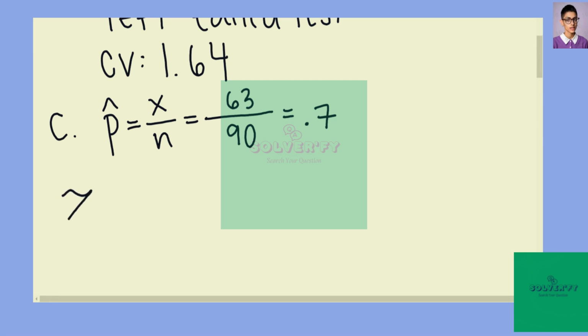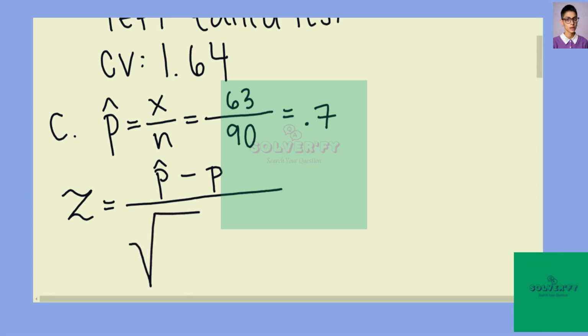So now we need to find our z value. Z is equal to our sample proportion minus our claim, or expected proportion, all over the standard deviation, which is given by the square root of p times 1 minus p, which is also known as q, all over n.